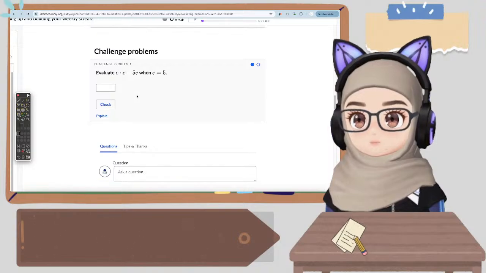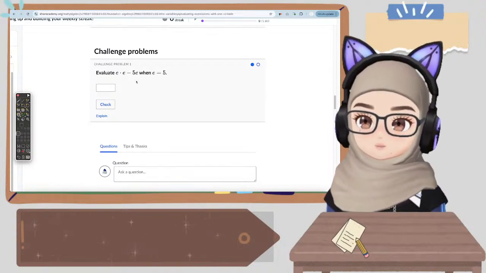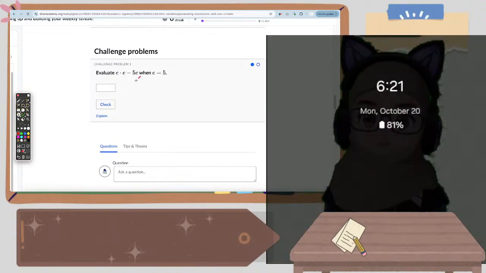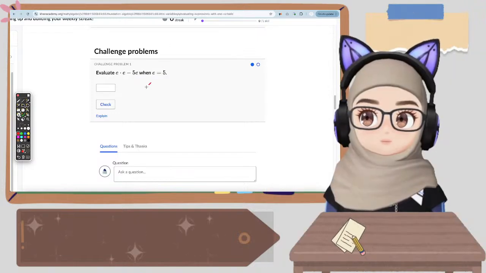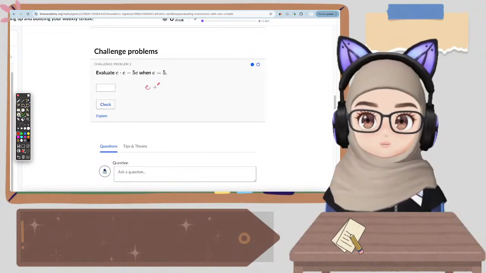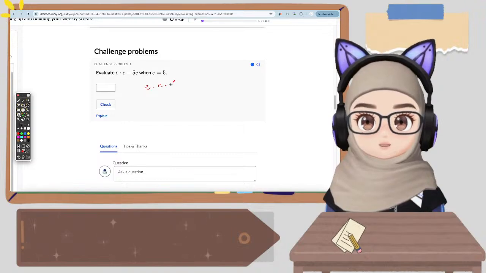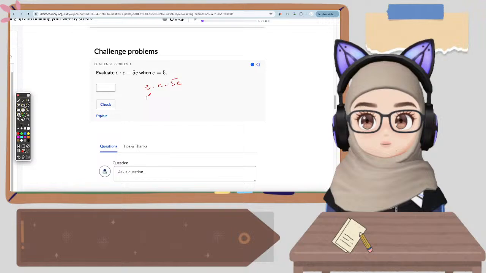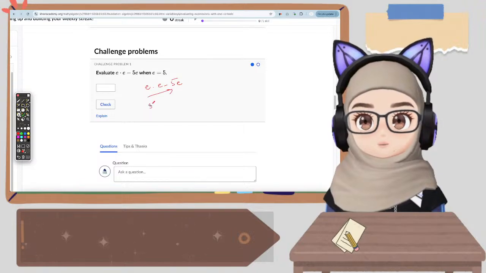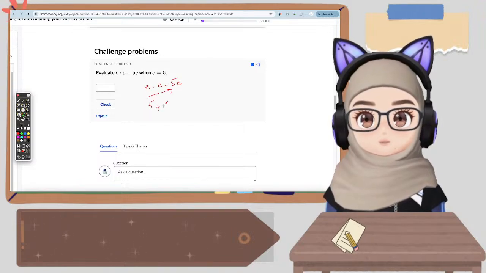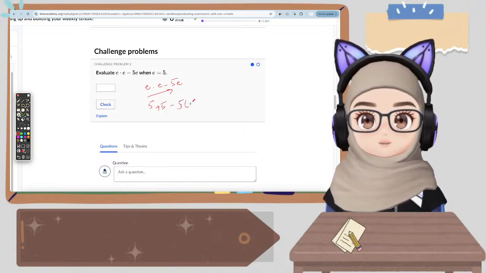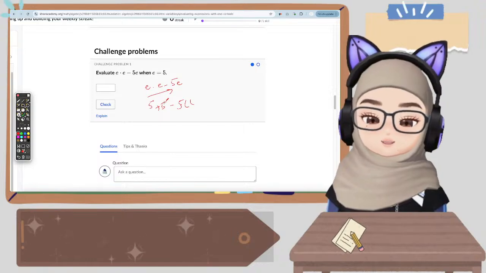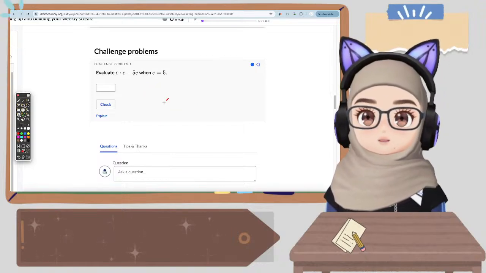Another one. So this one says e times e, and then e times e minus 5e. Why is my writing going up? Equals 5 times 5 minus 5. What am I doing? Oh god. Let me try again.